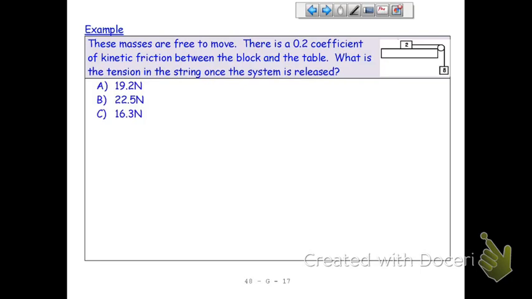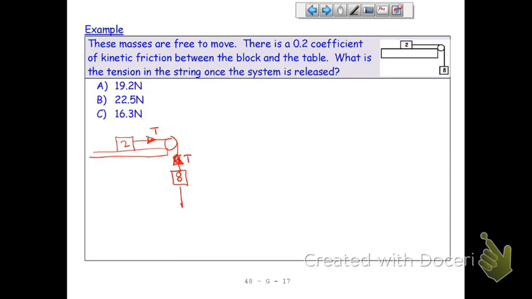Okay, so we have the table, but now there's a bit of friction involved. These masses are free to move. So we have a table. We have a 2 kilogram mass, and is that an 8 kilogram mass? It looks like an 8 kilogram mass. Tension goes that way.